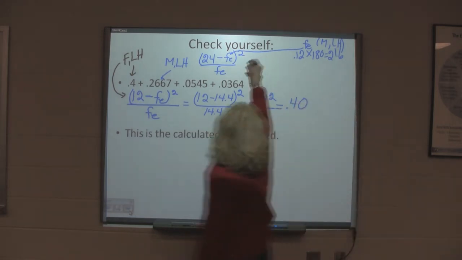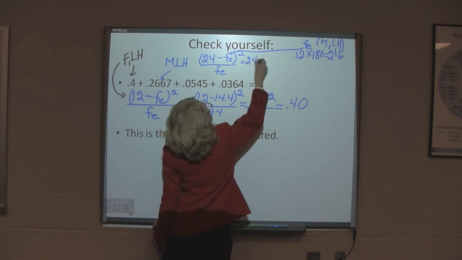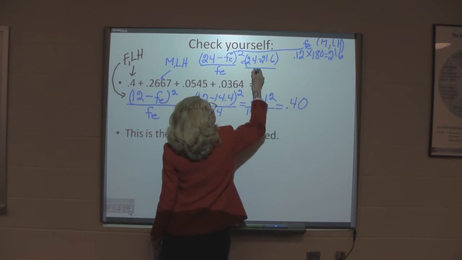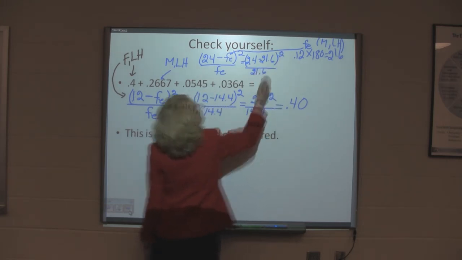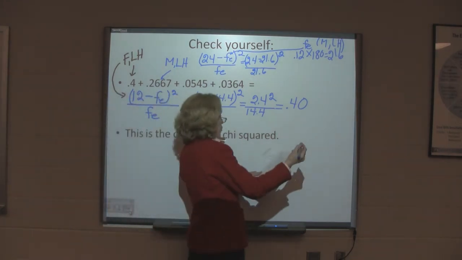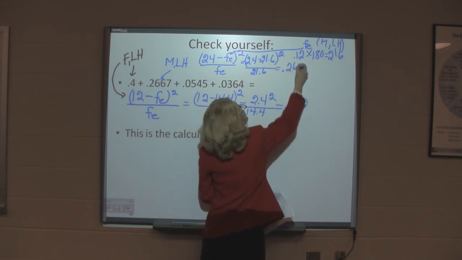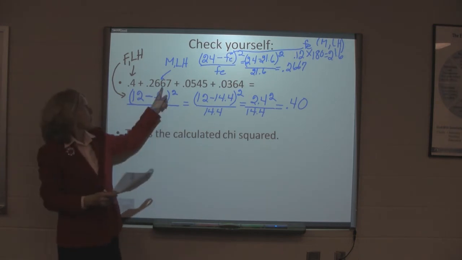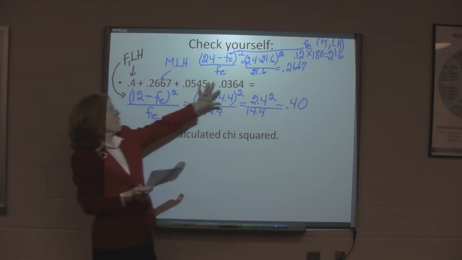So back over here, we've got 24 minus 21.6 squared over 21.6. And if you calculate that all out, that comes to 0.2667. So that's where we get this number right here. Then you would do the same for the other two quadrants.